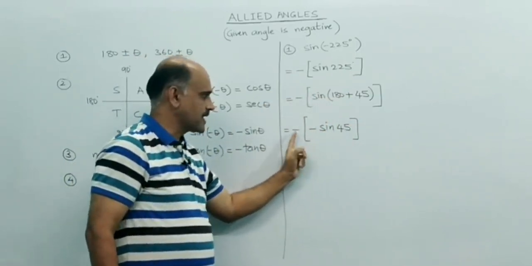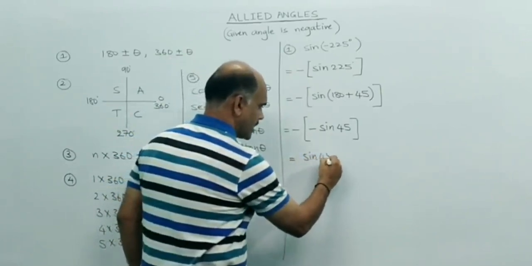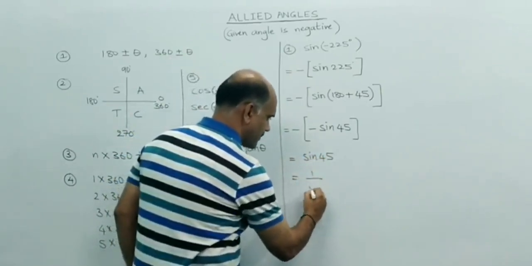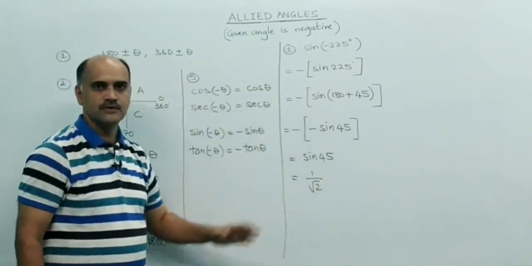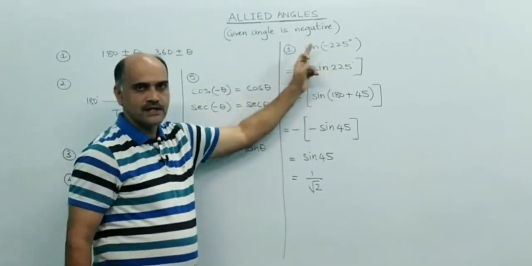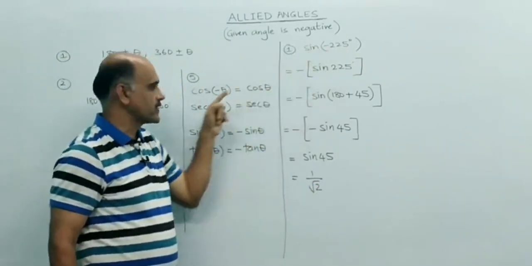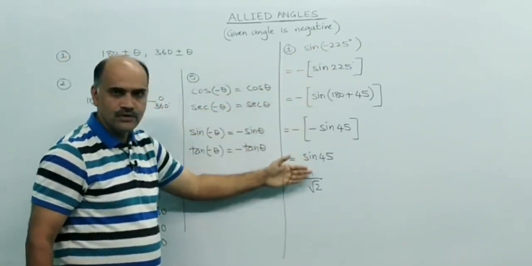Now if I take minus into minus, you will have plus sine 45, and sine 45 is 1 by root 2. Clear, students? So first you check whether this minus remains or goes. It depends on these two. Then as usual you continue.